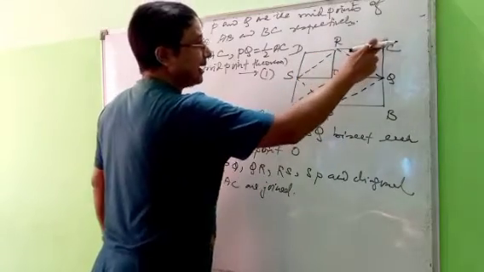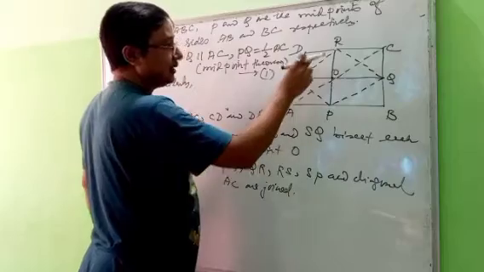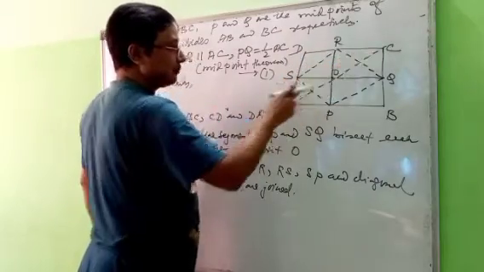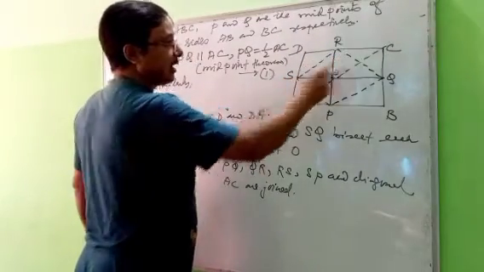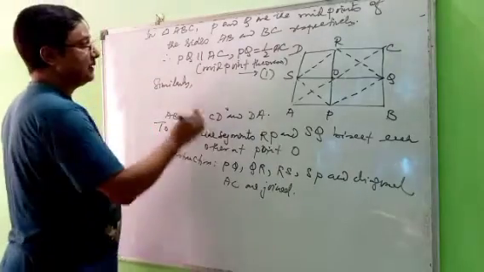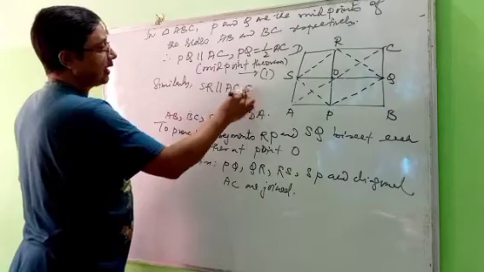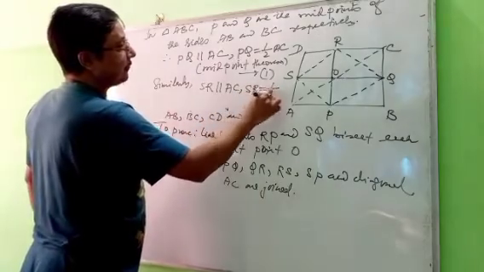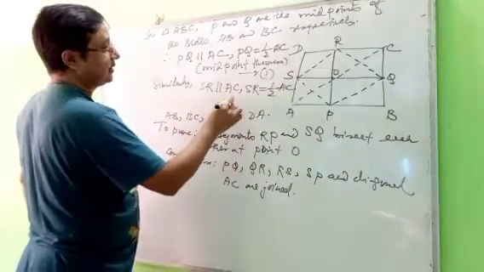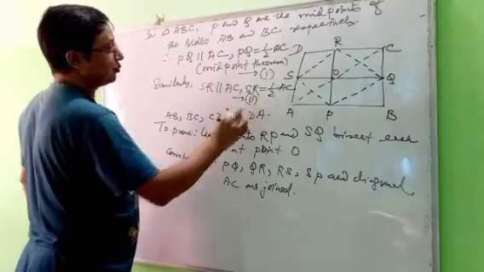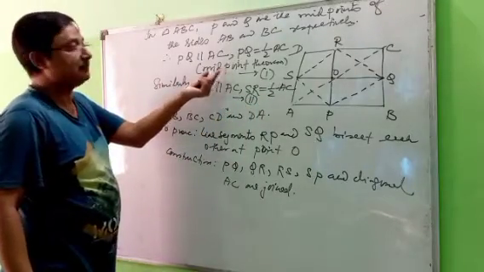So here AC is the third side. So here SR is parallel to AC, SR equals to half of AC. So this one you will get as 2. The same reason, that is the midpoint theorem.